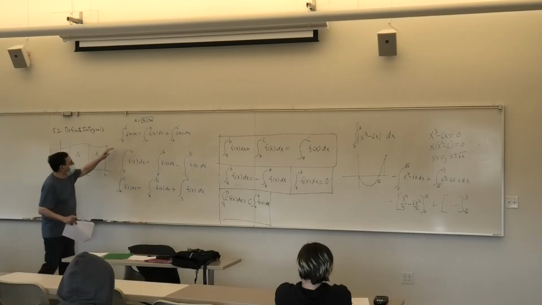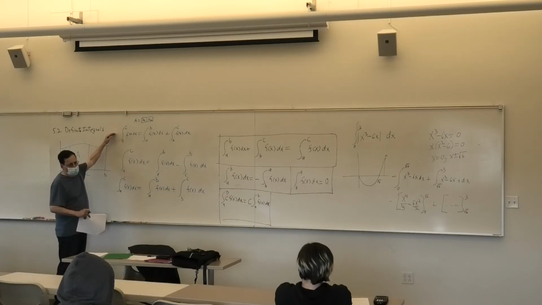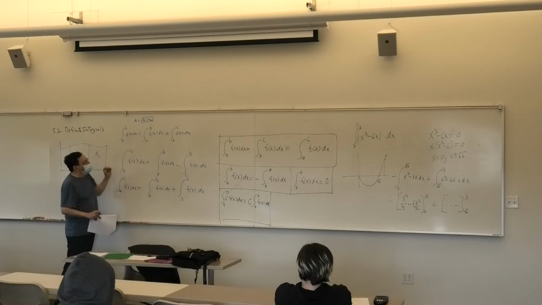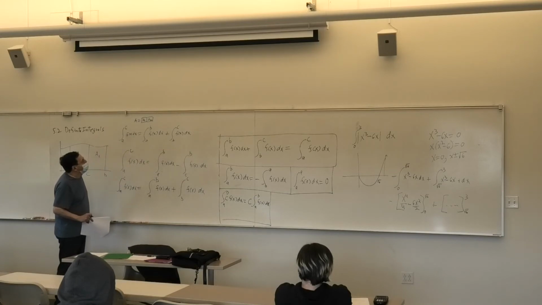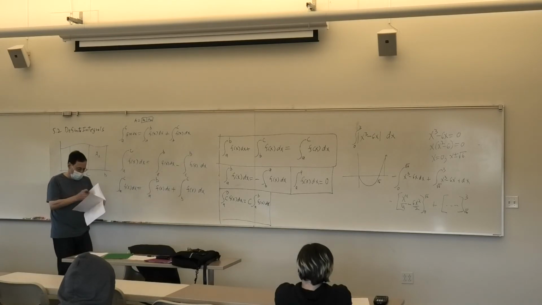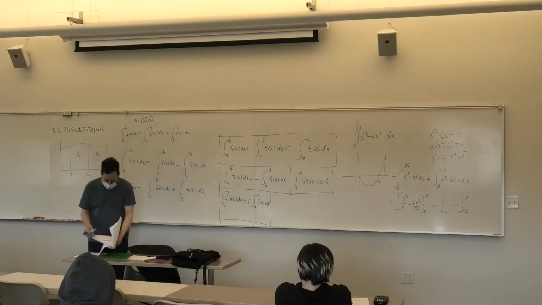I mean, the takeaway is it doesn't matter where A, B, and C are. In fact, A could be equal to B. It would still work. Right? All right. What else have we got here?